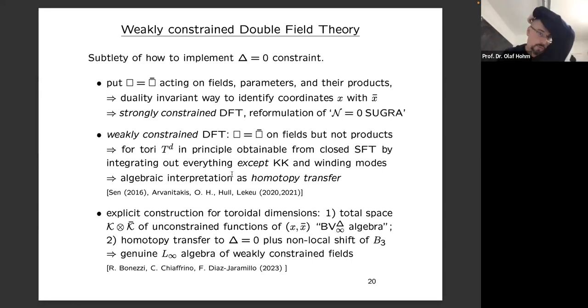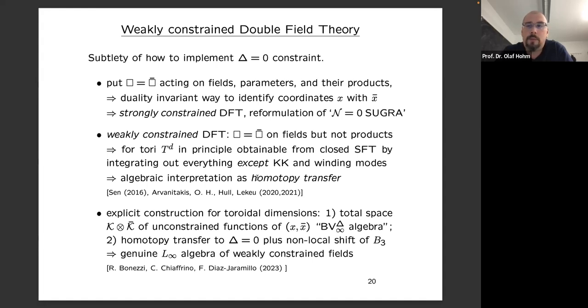And this makes the whole construction extremely non-trivial. But we know from string theory on toroidal backgrounds that this should work, because that's how Kaluza-Klein and winding modes are encoded in this theory. And in principle, you could just derive it from closed string field theory via something called homotopy transfer. But in practice, you can't. It's just too complicated.